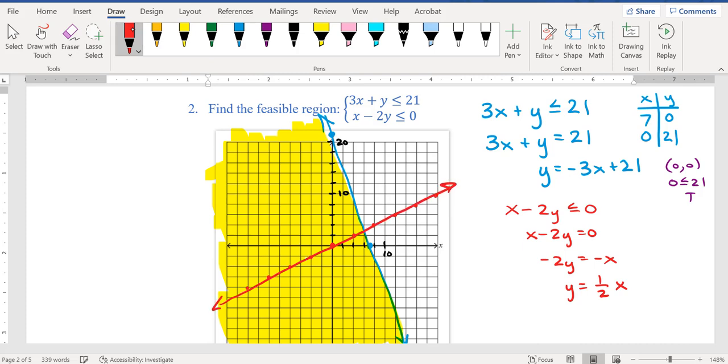Now if I pick a test point, let's pick 10, 0. I would have 10 minus 0 less than or equal to 0. That's false. So I want to shade this part.